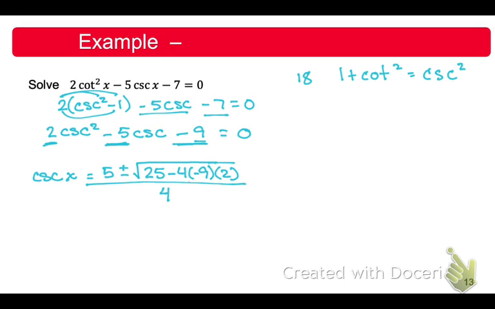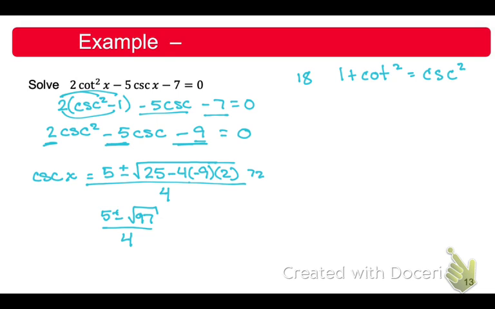Okay, so 36 times 2 is 72, and 25 plus 72 is 97. So it stays over 4.